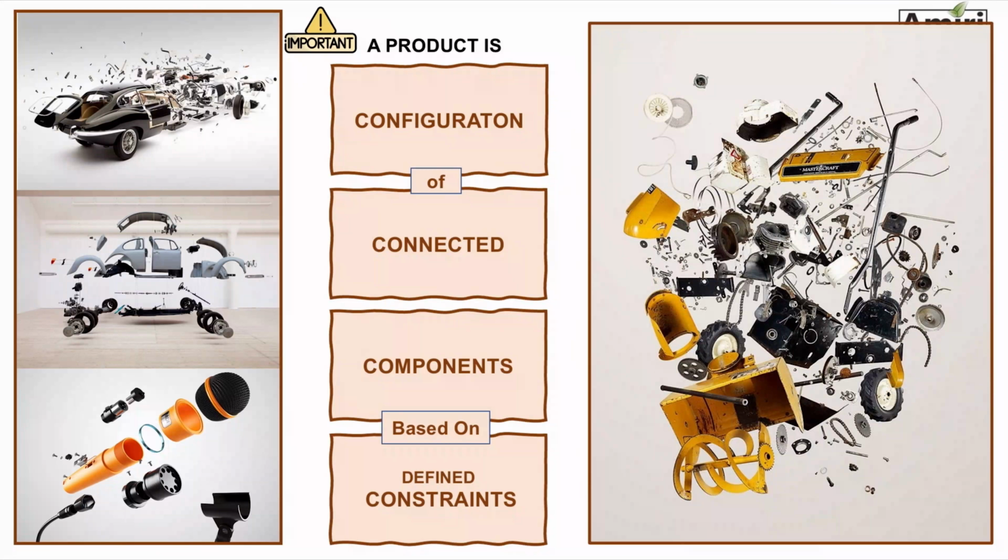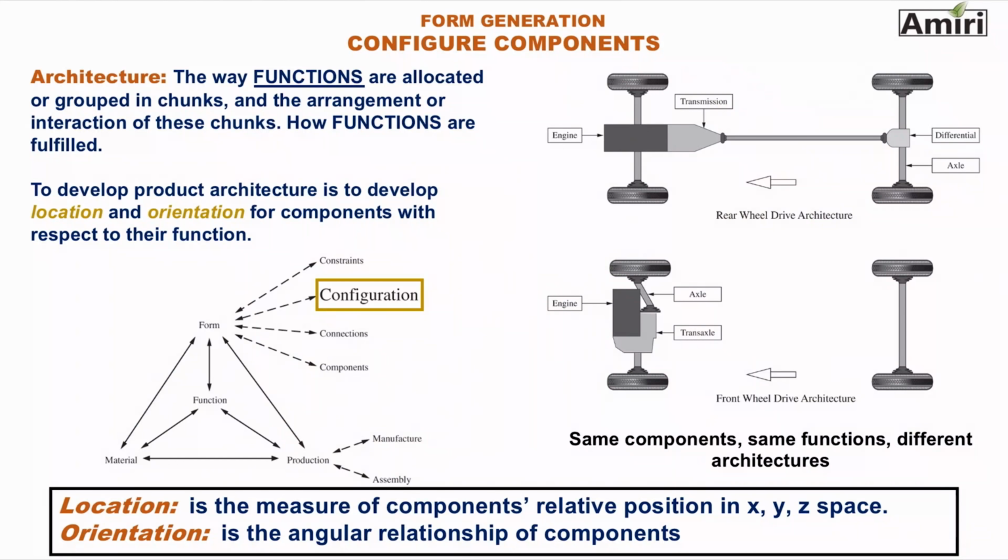So now that we know these 4 C's: configuration, connected, components, and constraints, we'll talk about the two major architecture types.